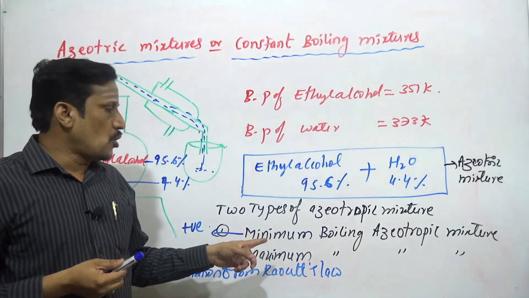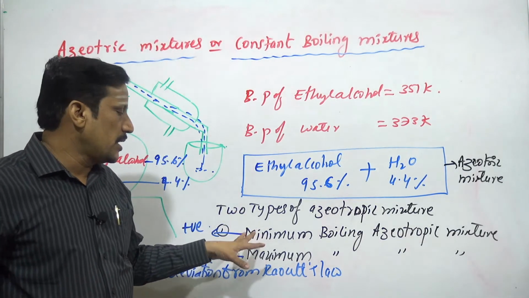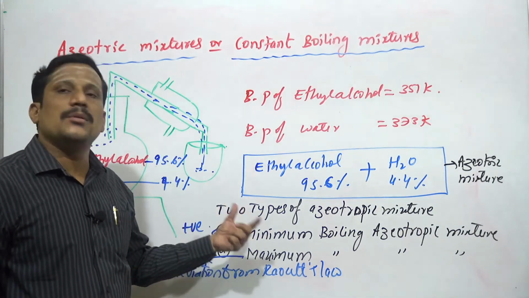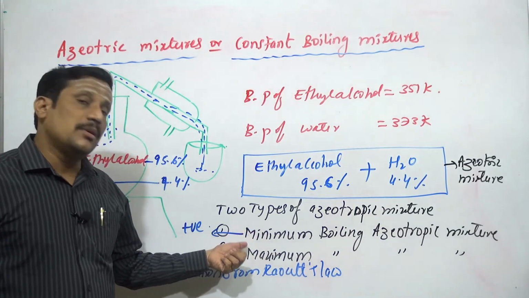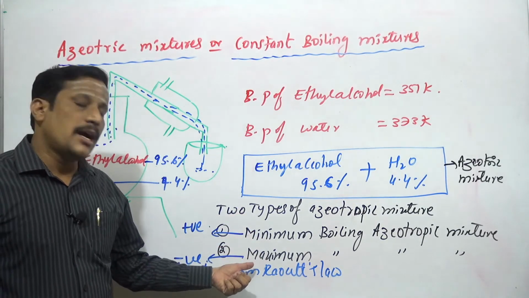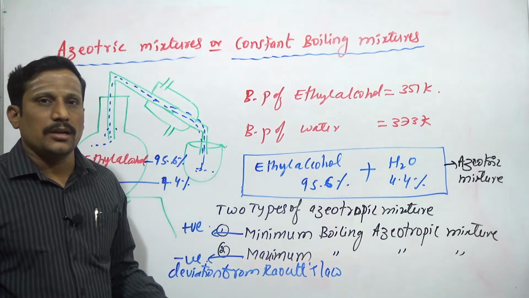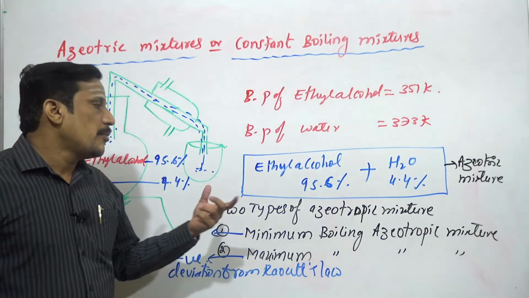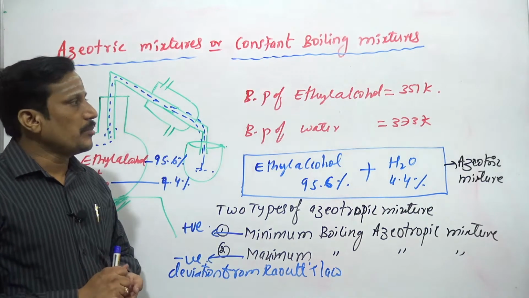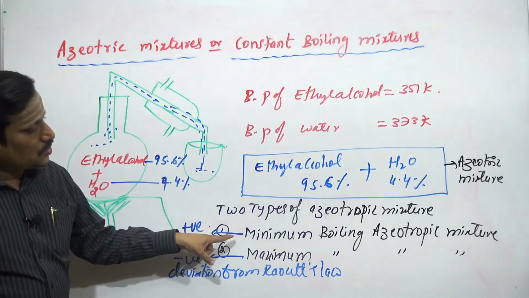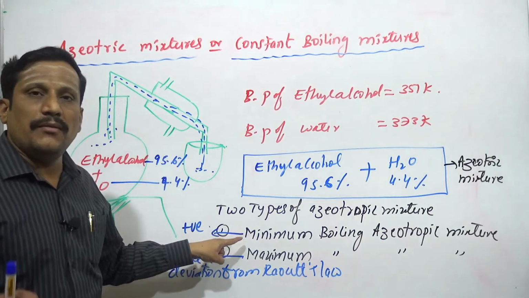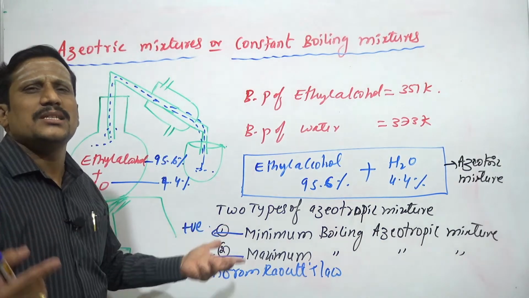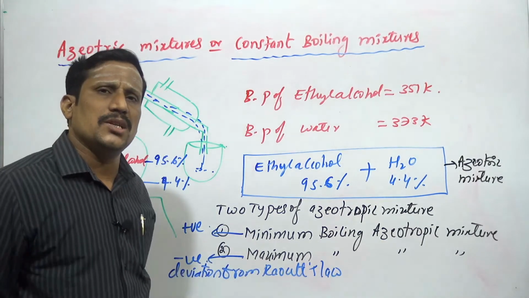Ethyl alcohol and water are a minimum boiling azeotropic mixture, and HCl and water are a maximum boiling azeotropic mixture. Minimum boiling azeotropic mixtures show positive deviation, or as some say large positive deviation, from Raoult's law.